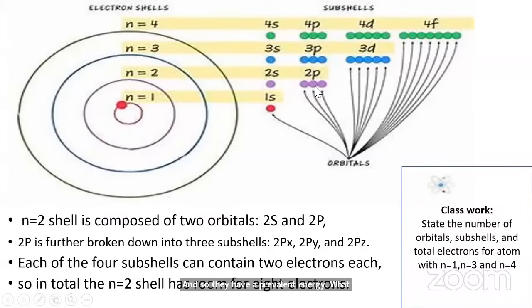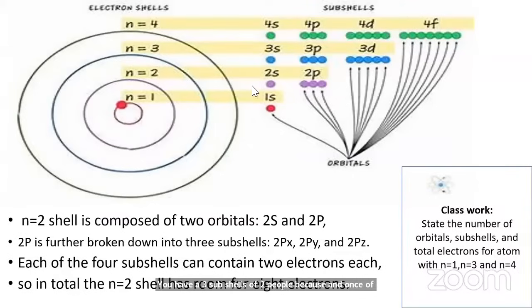What this means is that for this n equal to 2 shell, you have 3 subshells of 2p orbitals and 1 subshell of 2s orbital.